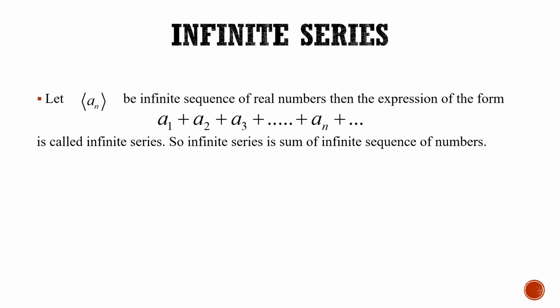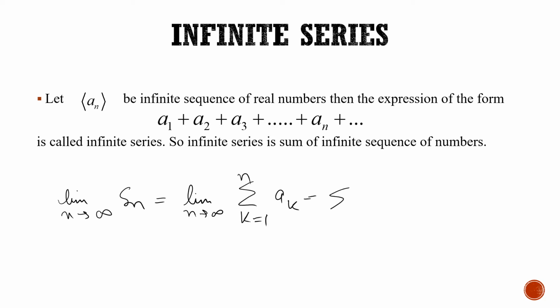Now before defining, just observe that if you take the limit as n tends to infinity of Sn, this will be equal to the sum of an from n equal to 1 to infinity, since I made n tend to infinity.